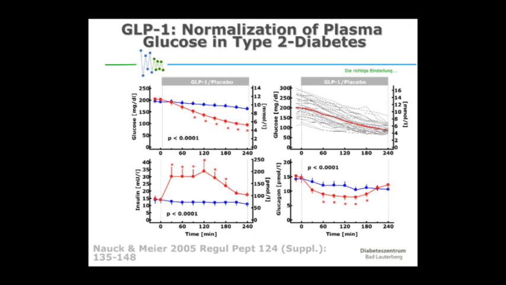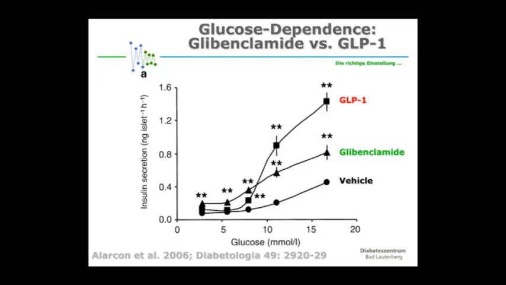These are individual lines telling you that everyone in whom you start such an infusion of GLP-1 will have a lowered glucose. Those starting at very high levels of glycemia just need more than 4 hours to get to the normal range.